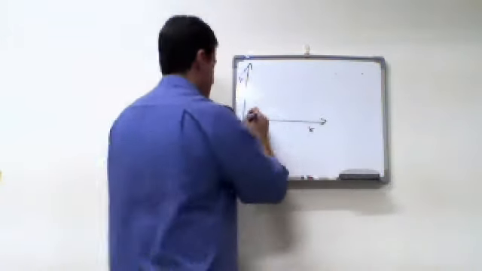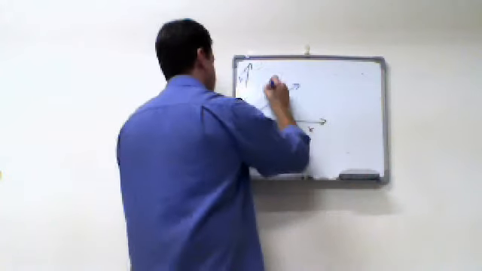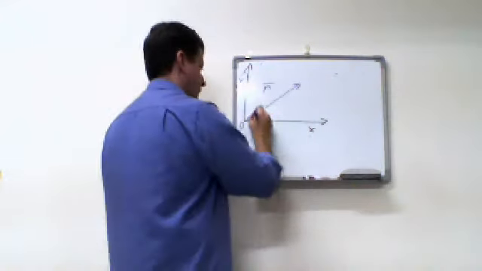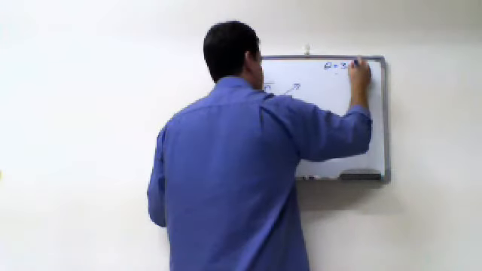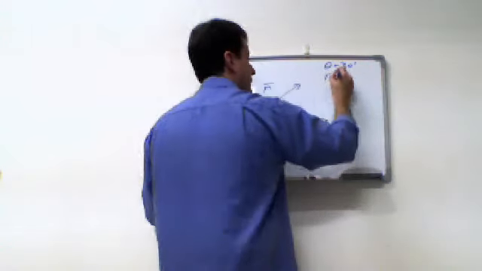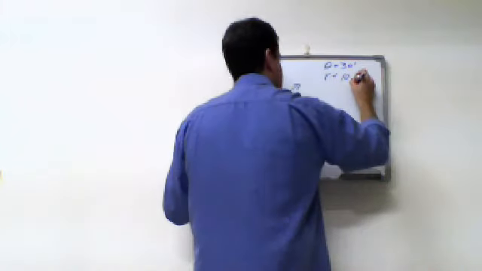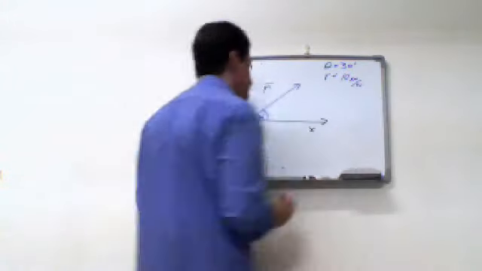We have that R vector at an angle of 30 degrees. The theta is equal to 30 degrees. And the magnitude of R, we stated, is 10 kilometers per hour.